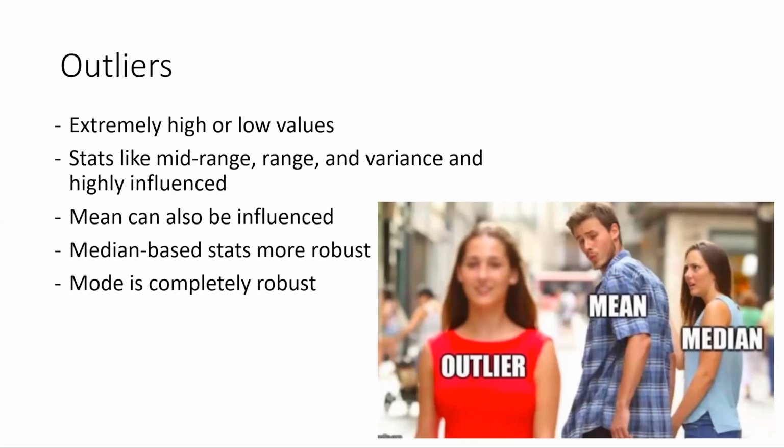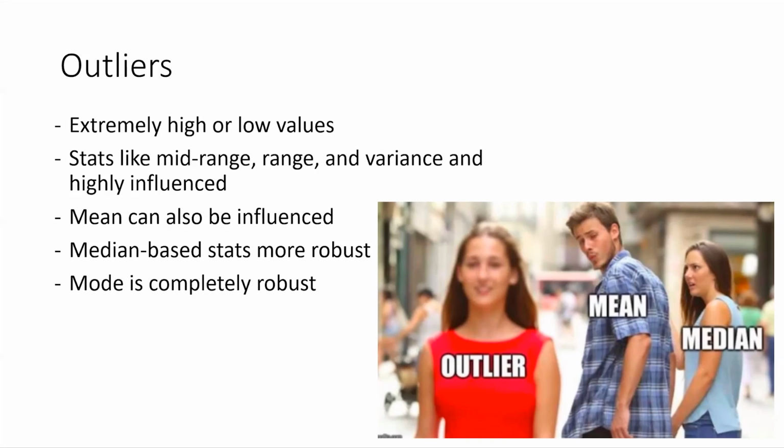Outliers. So outliers are extremely high or low values, and stats like mid-range, range, and variance are highly influenced by outliers, right? Let's say, back to that height example, I take a sample of 20 people and the average height is, let's say, 68 inches, right?